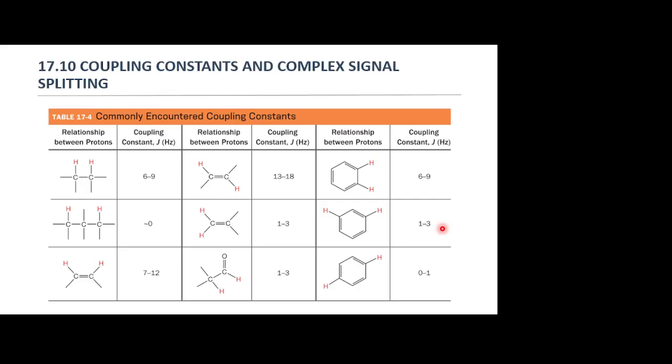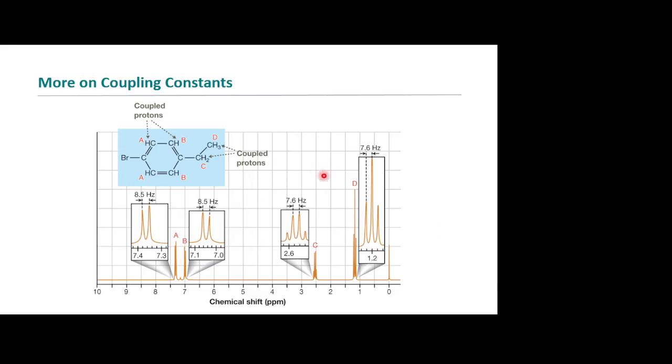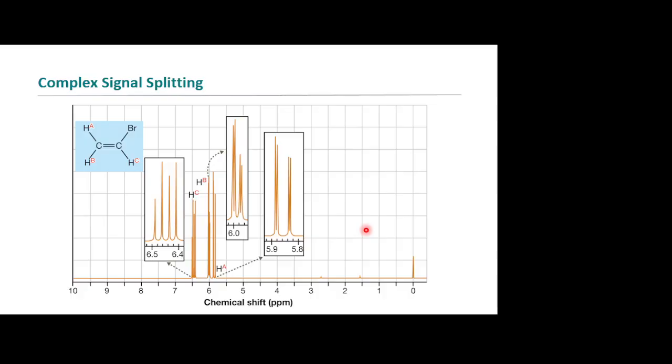Now, we haven't seen something that close to each other yet on these. And so we're going to see that a little bit here. See how close these ones are to each other? That's what it looks like when you're coupled and you're only like a 1 hertz, a 3 hertz, that sort of thing. These are those geminal ones.